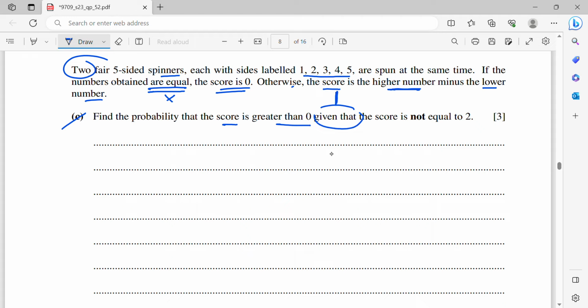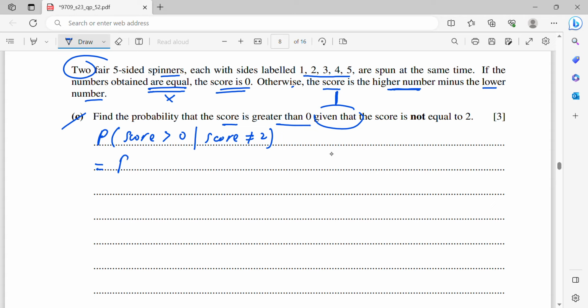Okay, so now I will write down the probability that the score is greater than 0, given that the score is not equal to 2. Since this is conditional probability, I will use a formula.